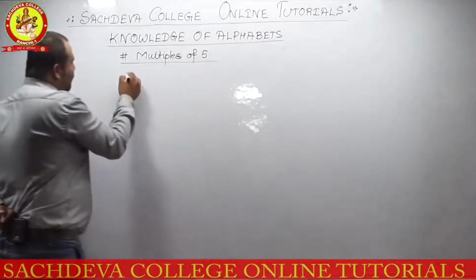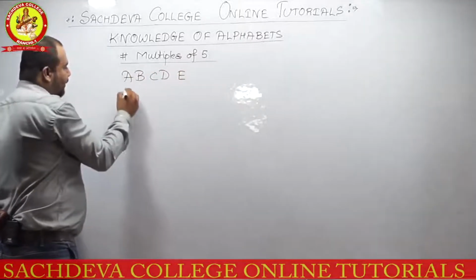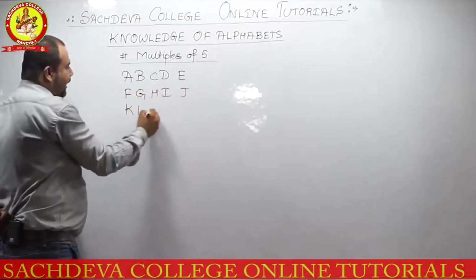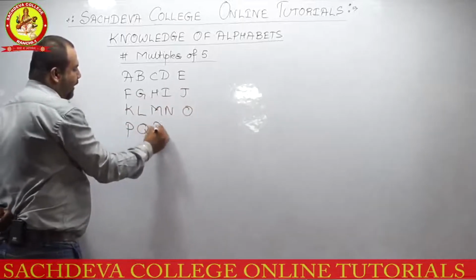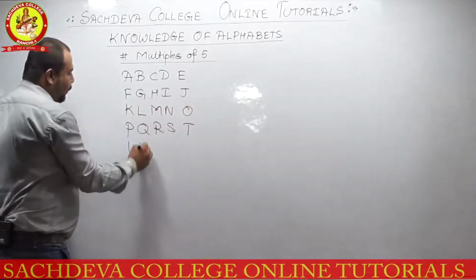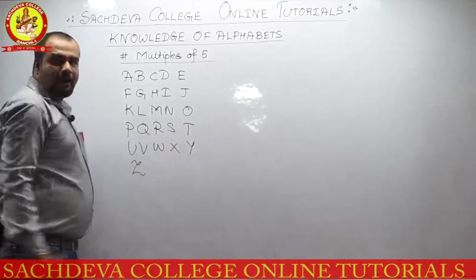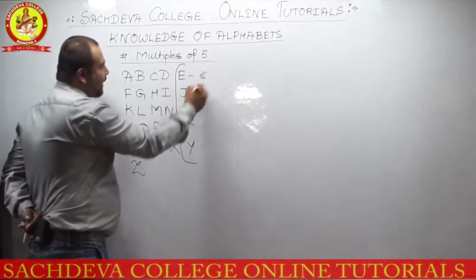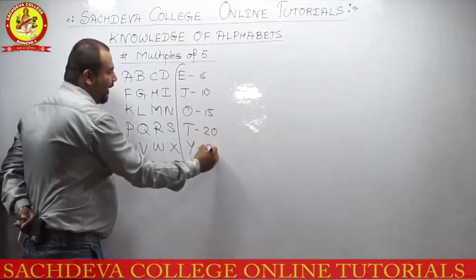You might have heard about EJOTY. A, B, C, D, E, then F, G, H, I, J, K, L, M, N, O, P, Q, R, S, T, U, V, W, X, Y, and then Z. Now we can see E, J, O, T, Y is E5, J10, O15, then T20, then Y25.